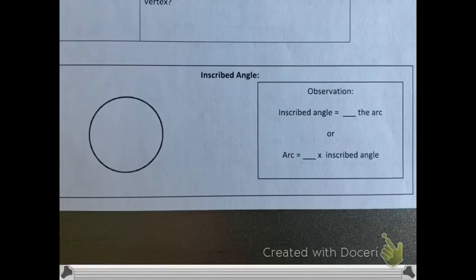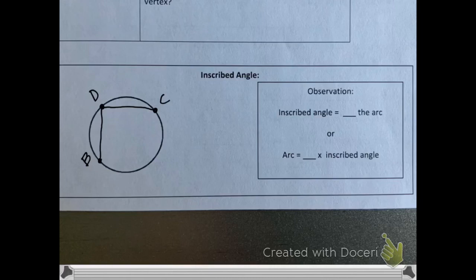So let's formally record our observation of an inscribed angle. If it's inscribed, the vertex is on the circle. So I'm going to draw the vertex right here. I'll name that D. So an angle needs 2 more points here. So I'll call this B and I'll call this C. So here is my inscribed angle.